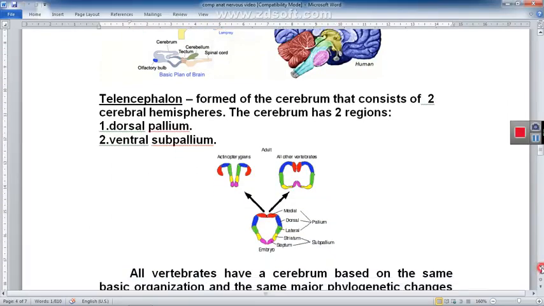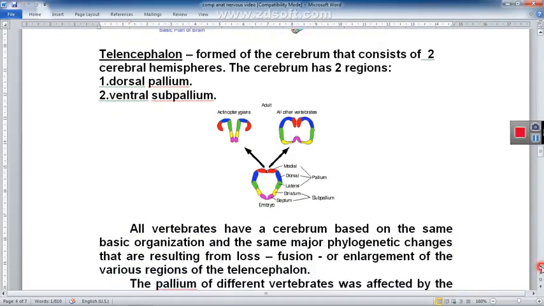Therefore, during evolution, you may see that the cerebrum, which is the telencephalon, consists of 2 hemispheres. Each hemisphere is formed of 2 regions, dorsal and ventral region. The dorsal region is called the pallium, which is this one, and the ventral region is called the subpallium. The pallium is formed of a medial, dorsal, and lateral part; the subpallium is formed of striatum and septum.